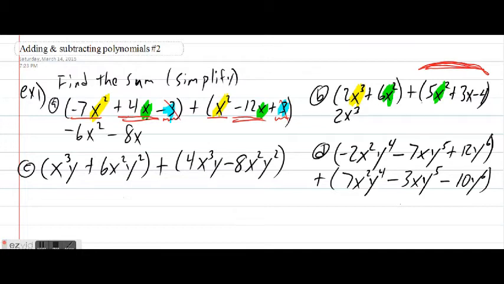So 6 plus 5 gives me 11x squared, again not changing the exponent. In the first binomial, there is no x to the first, and there's a constant over here, but the first binomial has no constants. So those two are just going to come along for the ride: plus 3x minus 4.